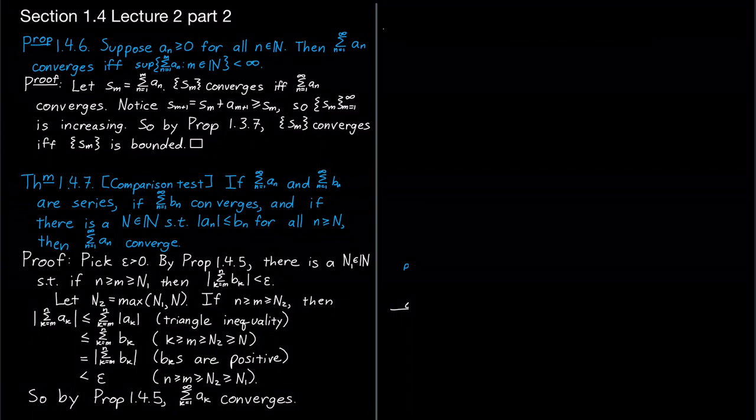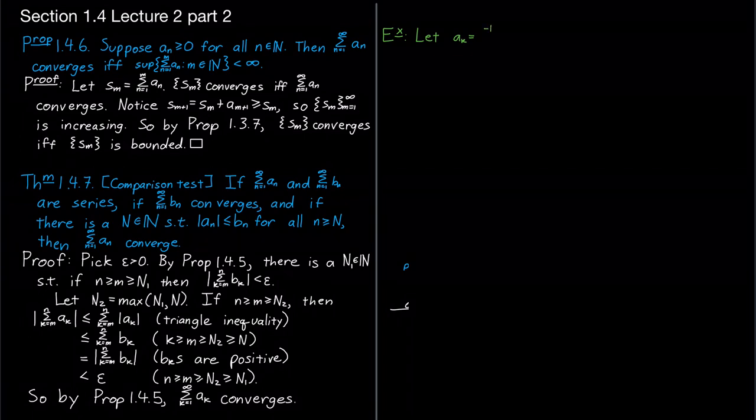I'd like to give you one example to emphasize that we do need the absolute value of AK controlled by BK. It's not enough to just have BK be convergent and AK be less than it. Or put another way, it's not enough to have BK be just convergent. We need BK to be non-negative as well.